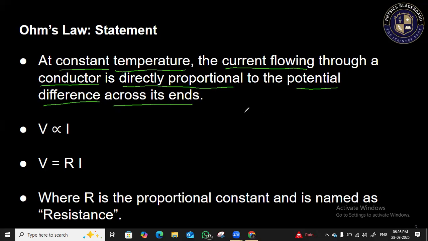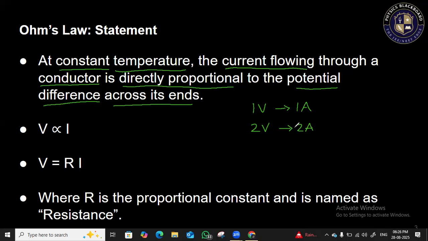That means if you take a conductor and a potential difference of 1 volt is present between its ends, then let's say 1 ampere of current is passing through the conductor. Now, if you increase the potential difference across this conductor, the electric current flowing through it also increases.